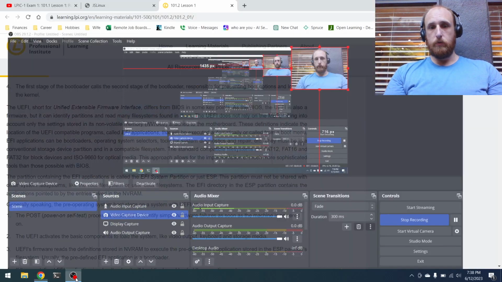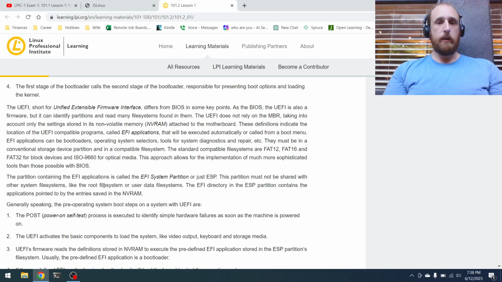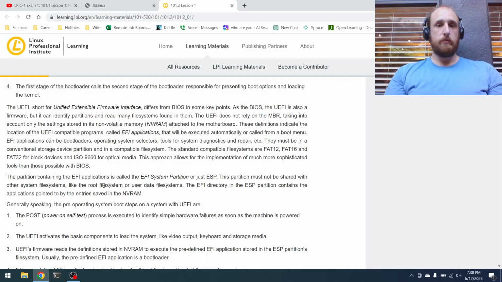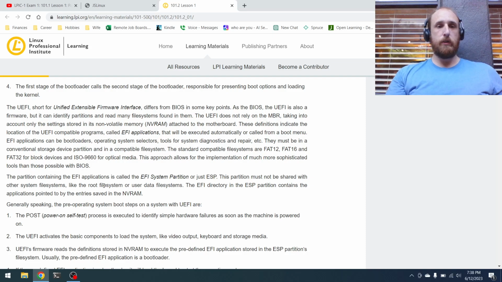The UEFI, short for Unified Extensible Firmware Interface, differs from BIOS in some key points. As the BIOS, the UEFI is also a firmware, but it can identify partitions and read many file systems found in them.